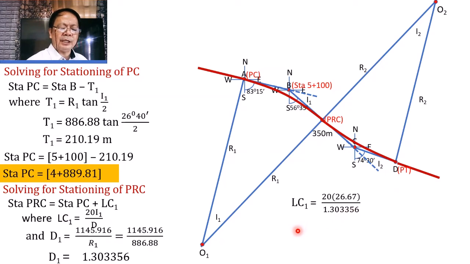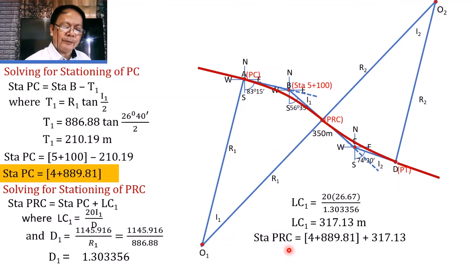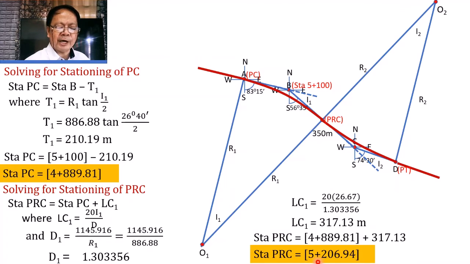We can find the value of the length of the first curve to be 318.13 meters. Now after we have solved for this value, we can compute the stationing of the PRC, so that the stationing of the PRC will be 4 plus 889.81 representing the stationing of the PC. By adding the length of the first curvature of 318.13, we shall be getting the stationing of the PRC to be at 5 plus 206.94.